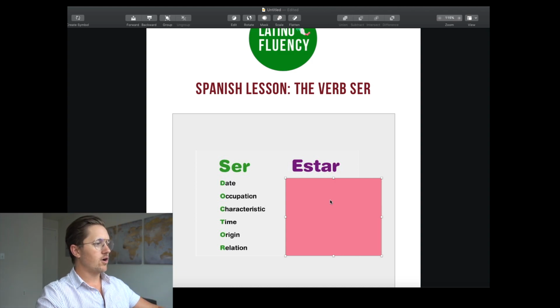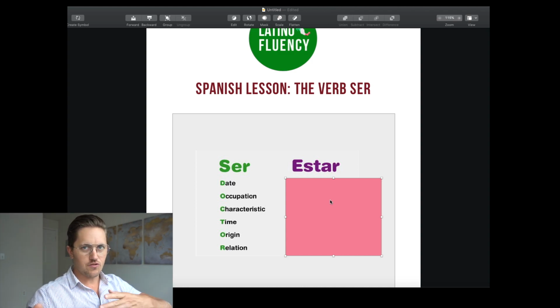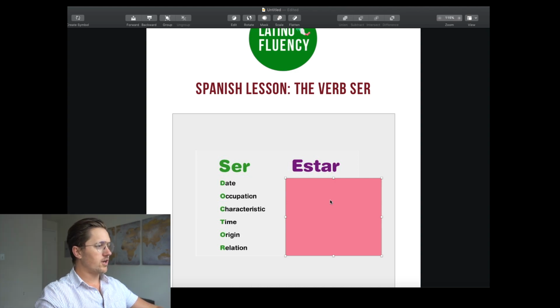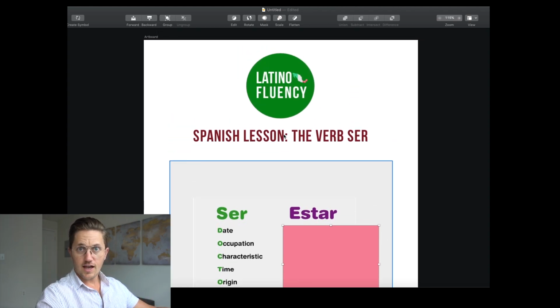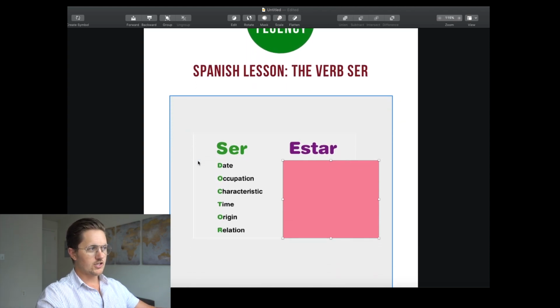It's fundamental, and it's really not that hard once you familiarize yourself with the concepts. Okay, so we have here the verb ser, and let's look here at when we are using this verb. I think that's very important to start with before we go to how to conjugate the verb. So let's look here. We're going to use this when we're talking about dates, like dates of time, occupation, characteristic, time, origin, relation.